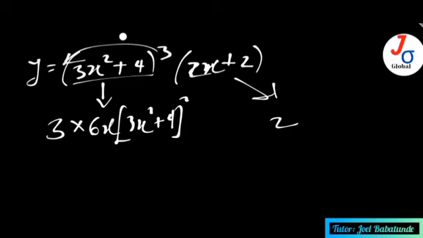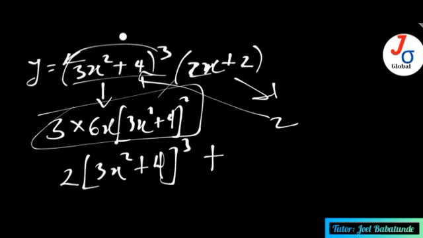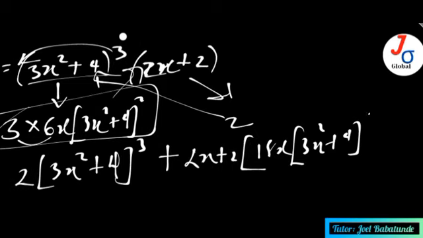So this multiplied by this, I'll get 2 into (3x squared plus 4) cubed, plus all of this multiplied by this, and that's (2x plus 2) into this times this, 18x all times (3x squared plus 4) squared. So I can now start to simplify the function and open up the bracket, I'll get the same answer.